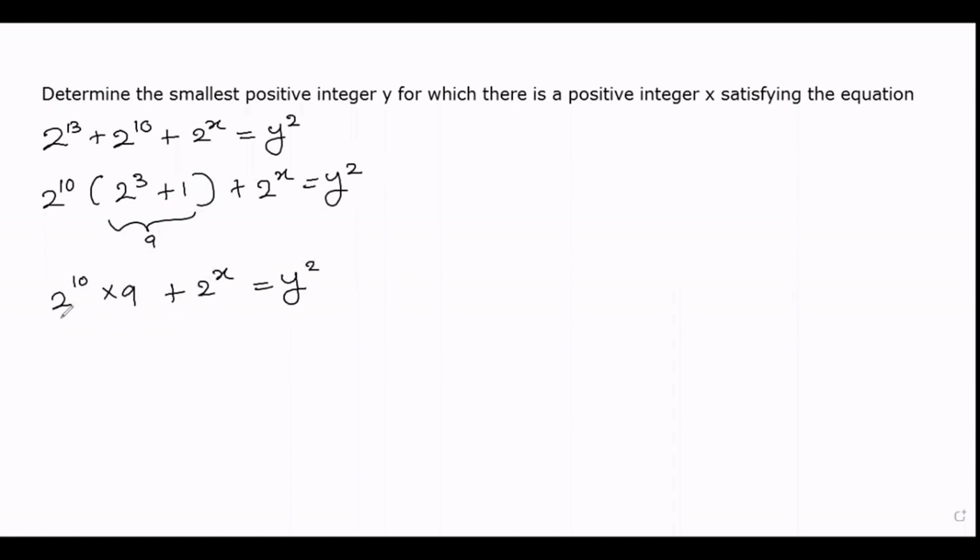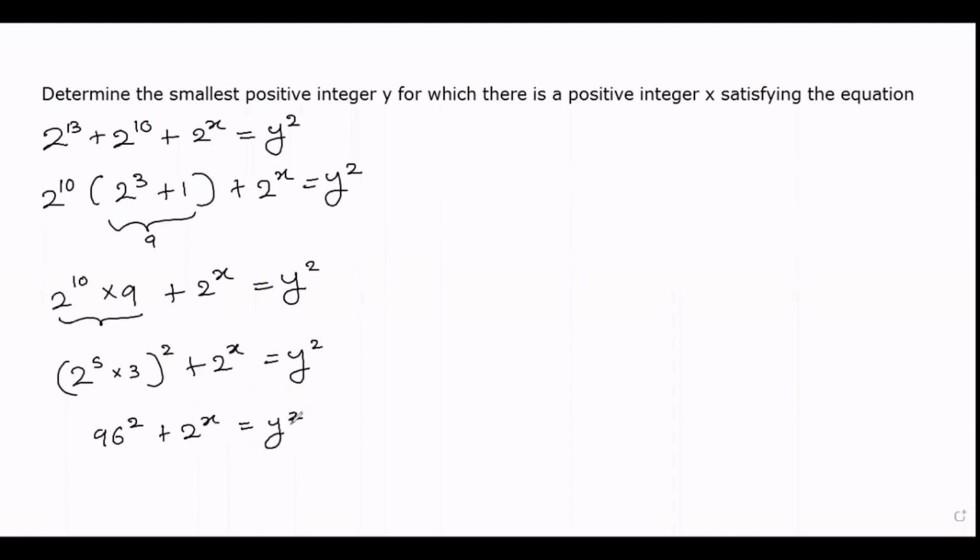Now we can get 2^10 times 9 as a square of 2^5 times 3. The answer is 96.